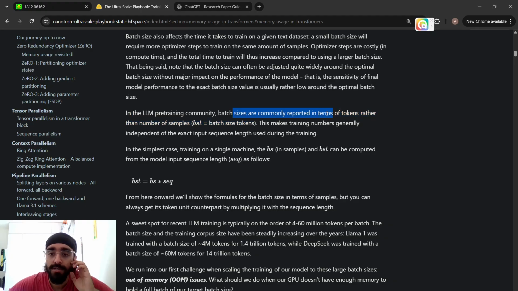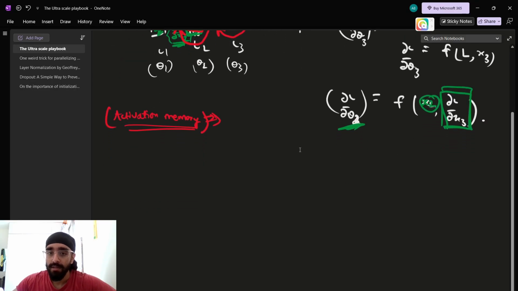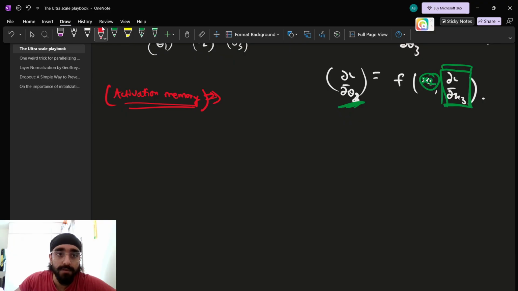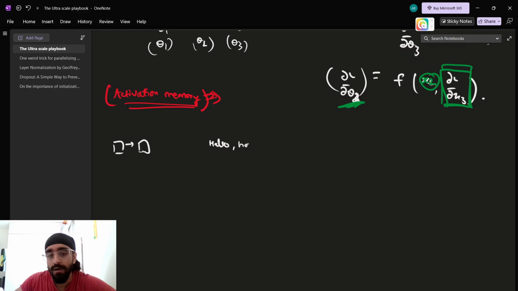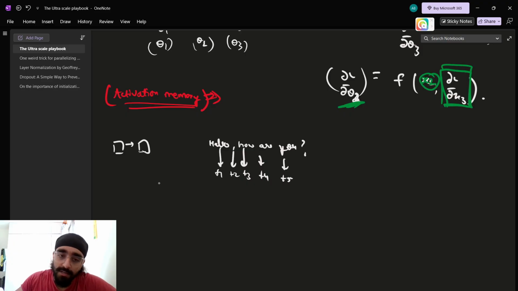Batch sizes are commonly reported in terms of tokens rather than number of samples. Okay, so what they're saying is in LLMs we can have multiple tokens, right? So, hello, how are you? Token 1, token 2, token 3, token 4, token 5, and each token has an associated embedding vector with it.